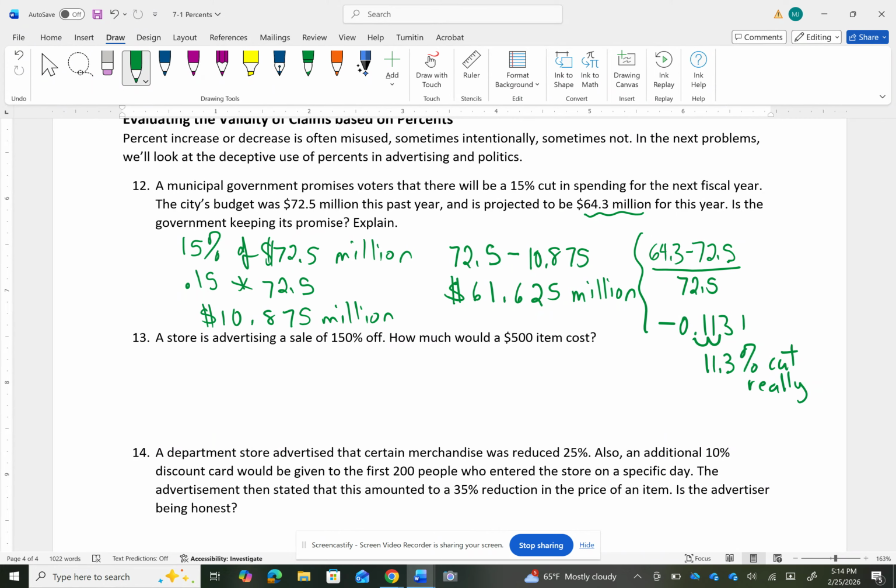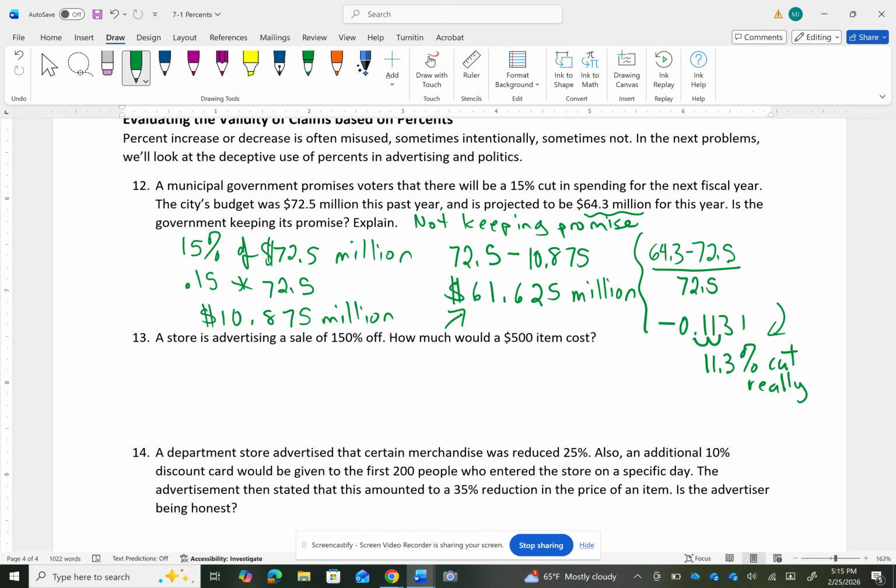You could say, no, they're not keeping their promise, because if they were, the new budget should have been 61.625 million. Or you could have said, nope, they're not keeping their promise because that really was an 11.3% cut, not a 15%.